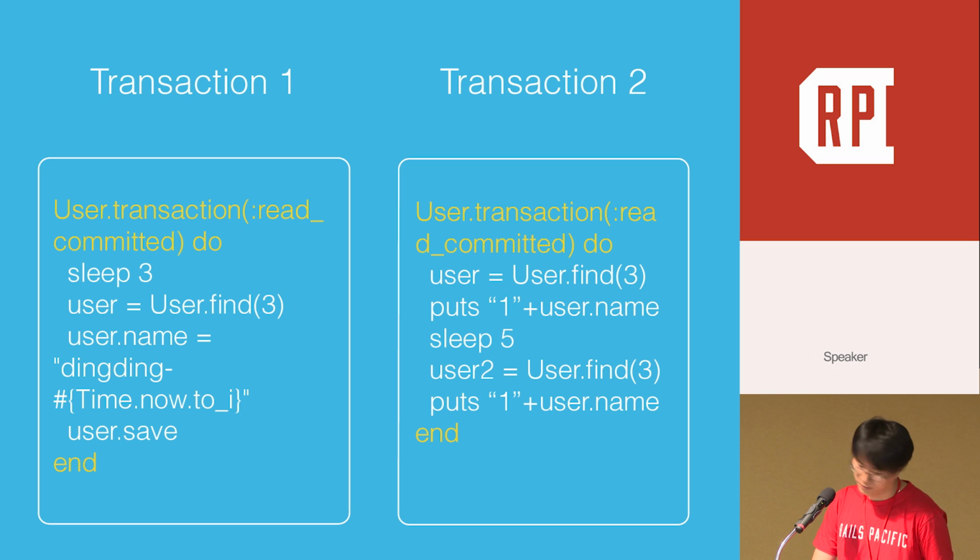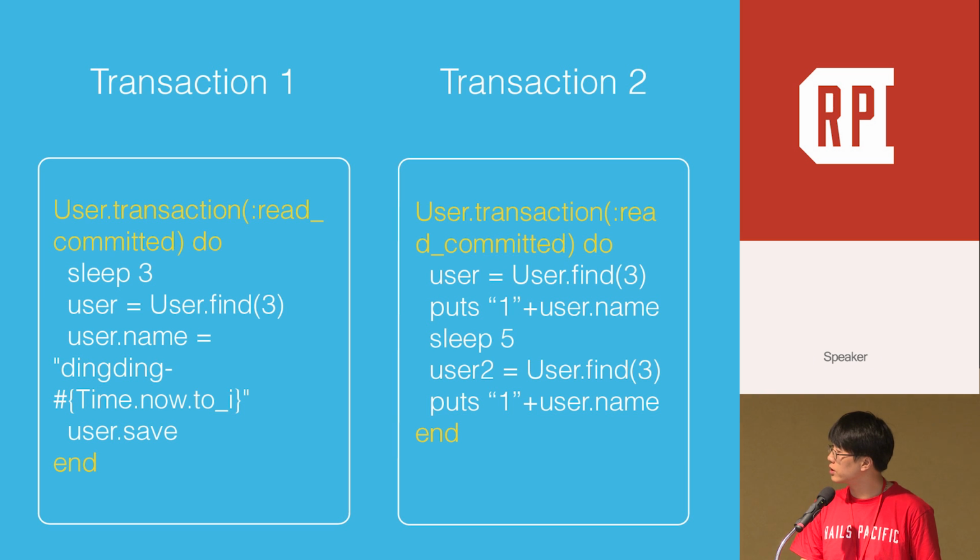So when the first find in transaction 2 is executed, transaction 1 is not yet committed and has not updated the name value. So it will print the old value, and after the sleep, it will find the record with ID 3 again, but transaction 1 is already committed, and so transaction 2 will get the newly updated record.